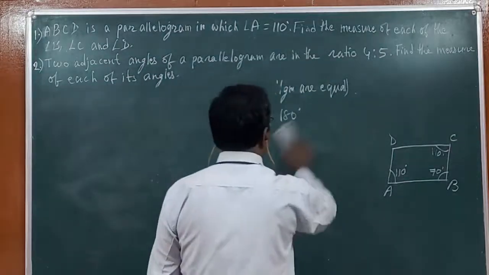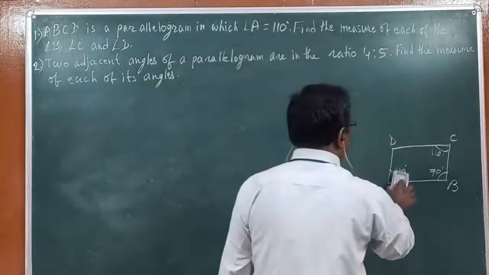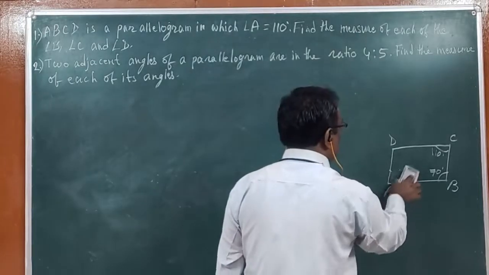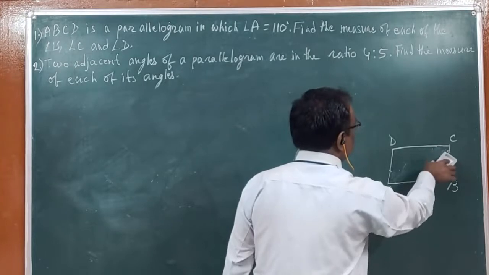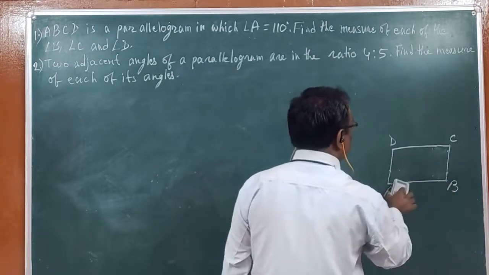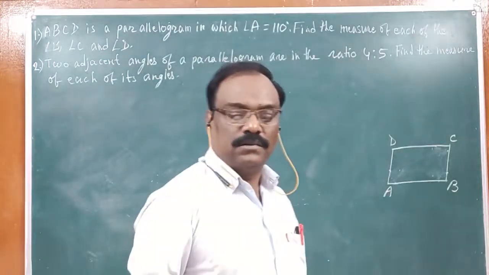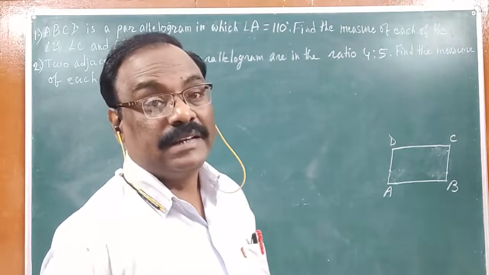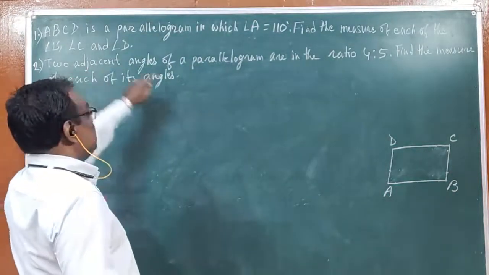Now in the second one you can see it is given that the angles are in the ratio. So we will use the same figure. Angles are in the ratio of 4:5. In the question, it is two adjacent angles.